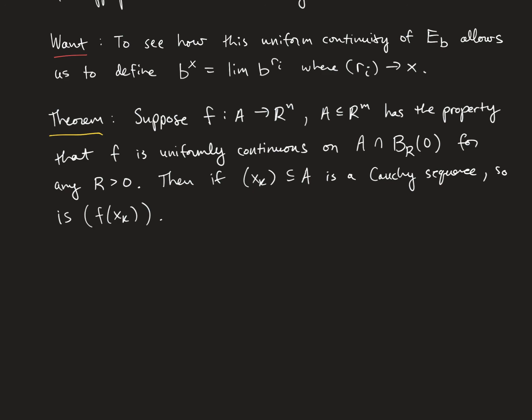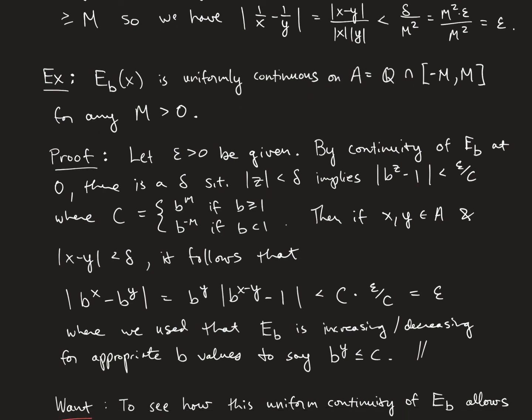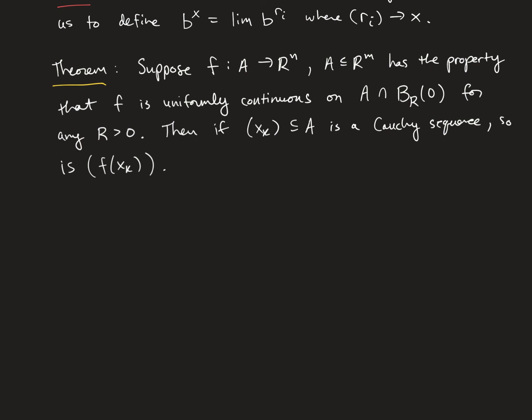Okay, so this is useful for us because we showed that our exponential function is uniformly continuous as long as we take our rationals and intersect with a large ball. So we have uniform continuity on this intersection of the rationals with a ball, and that's exactly the situation we're addressing here.